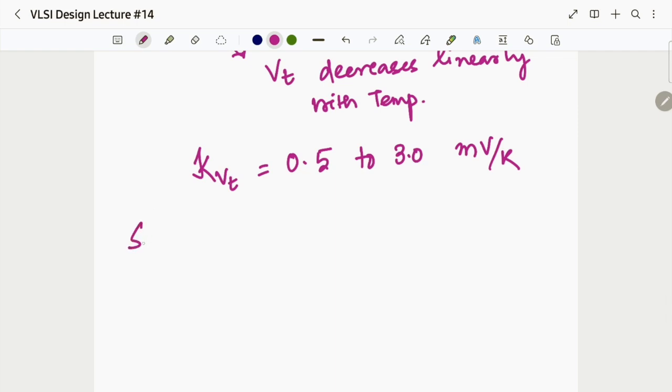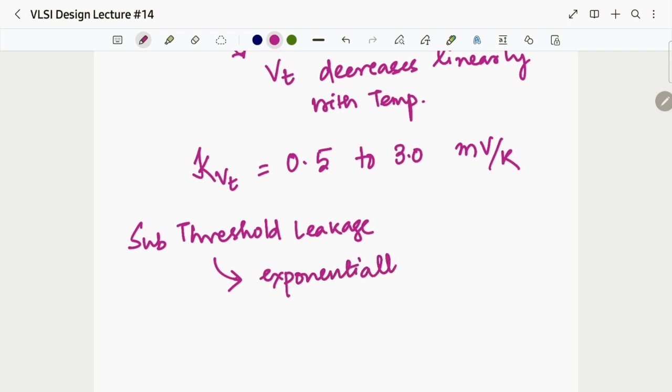Another parameter of a transistor, that is sub-threshold leakage, also varies with temperature, wherein it is exponentially temperature dependent.